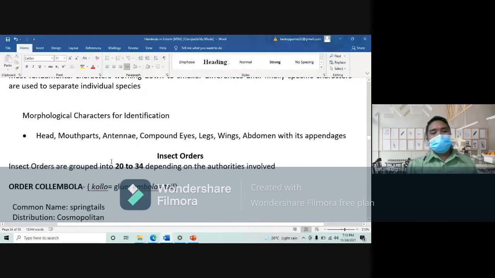The morphological characters for identification of an insect are its head, mouth parts, antennae, compound eyes, legs, wings, and abdomen with its appendages. This is how taxonomists give the final scientific name of a particular insect.